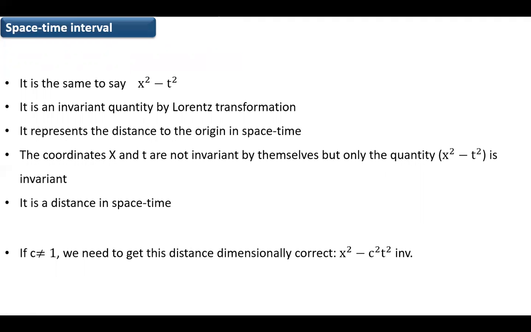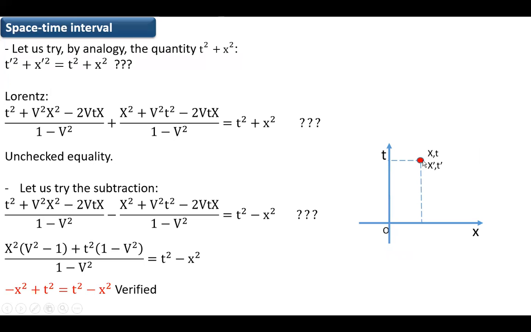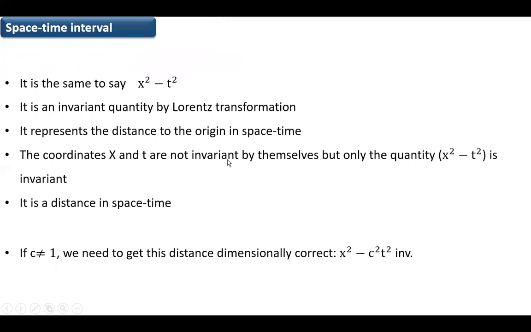If you go back to this drawing, the distance from 0 to this red point in space-time is the quantity t squared minus x squared. So this invariant quantity represents the distance to the origin in space-time.